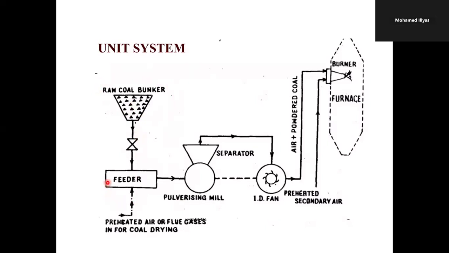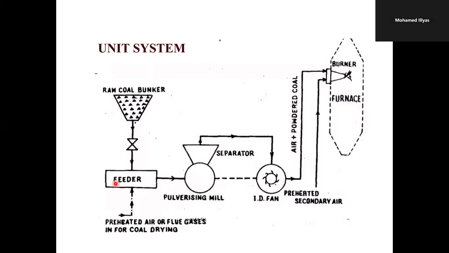This feeder is used to deliver the coal to the pulverizing mill. The feeder has the provision of receiving hot air or flue gases from the boiler, so that we can remove the moisture from the coal. The presence of moisture in the coal will reduce the combustion efficiency.